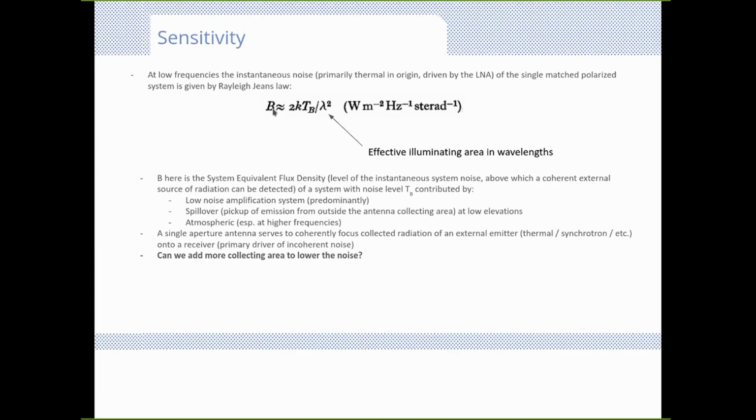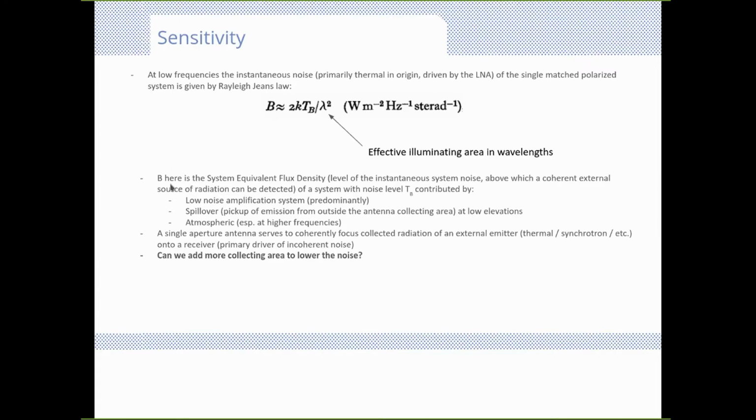Okay, so we can relate this temperature, scaled by the effective collecting area, back to specific intensity, so back to Janskys, for instance, using the classic Rayleigh-Jeans approximation for low frequencies. The frequency range in which we operate at centimeter and millimeter wavelengths is going to work under this Rayleigh-Jeans law. So we'll use this approximation to relate antenna temperature and brightness.